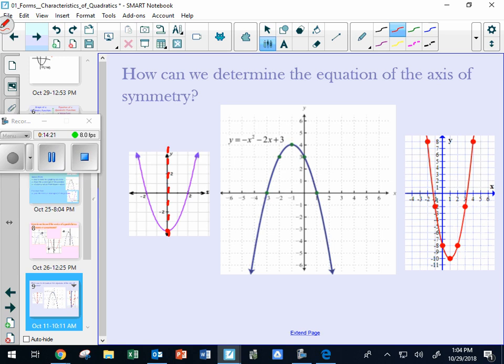What would that point be? It's 0 something, right? -4? Okay. So this is 0, -4 here. If we want a vertical line that goes through the vertex, what is that equation going to look like? Take 10 seconds and write it down on your iPad.